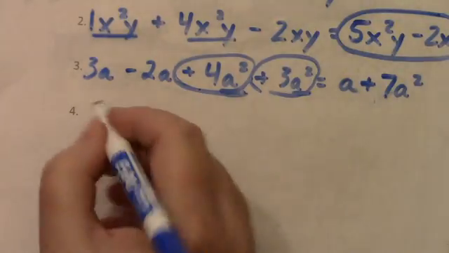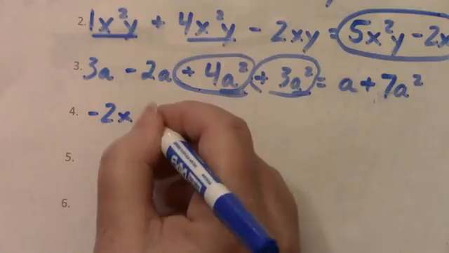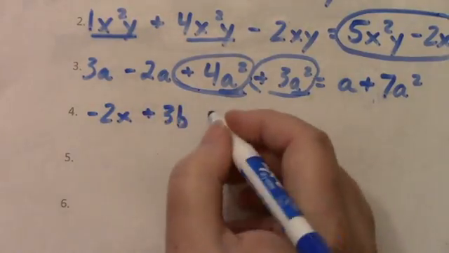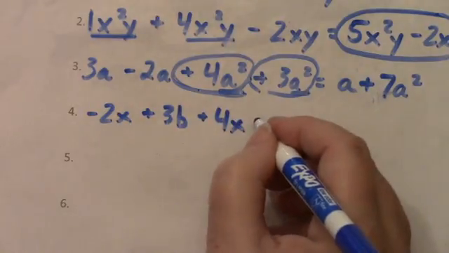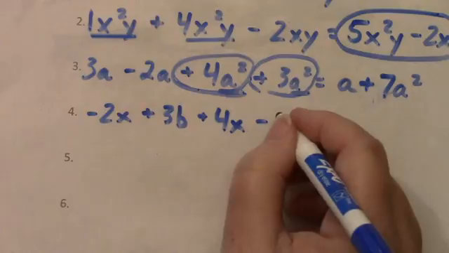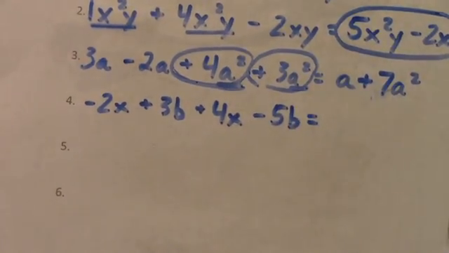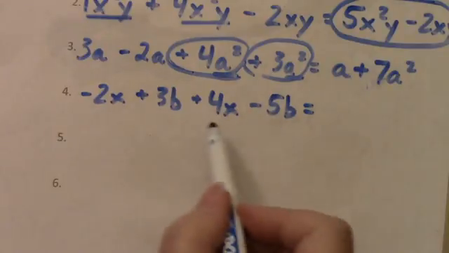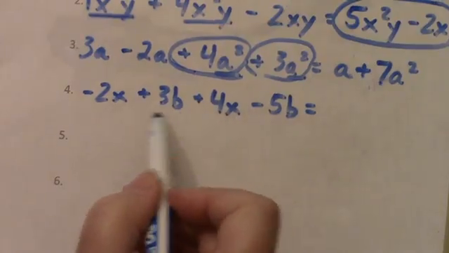Well, negative 2x plus 3b plus 4x minus 5b. Well, even though they're not next to each other, I can do them out of order. This is why I want to keep my sign with my term.